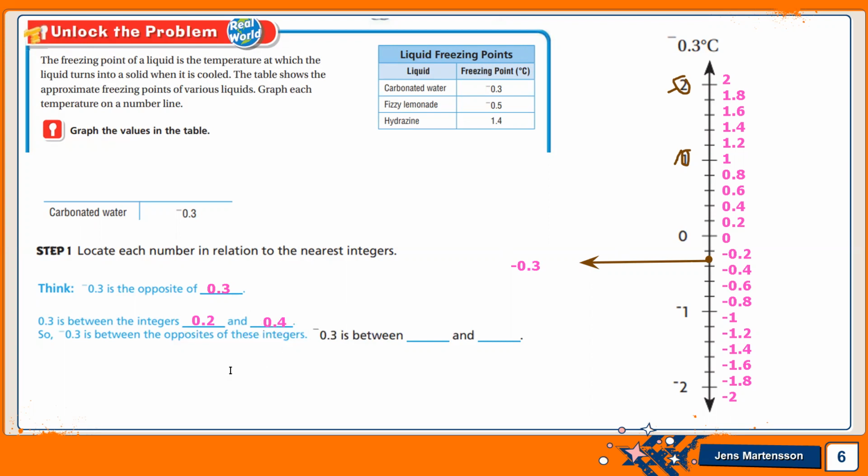So 0.3 is between 0.2 and 0.4. That means negative 0.3 will be between negative 0.2 and negative 0.4, the same as 0.3. 0.3 is between 0.2 and 0.4, and negative 0.3 is between negative 0.2 and negative 0.4, the same numbers.